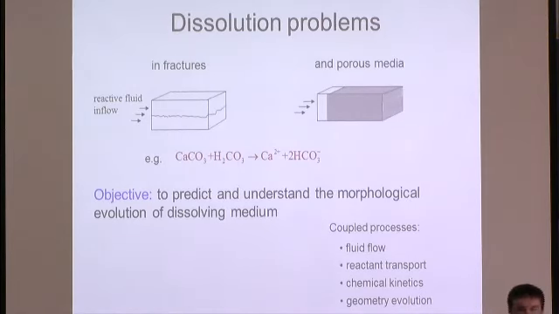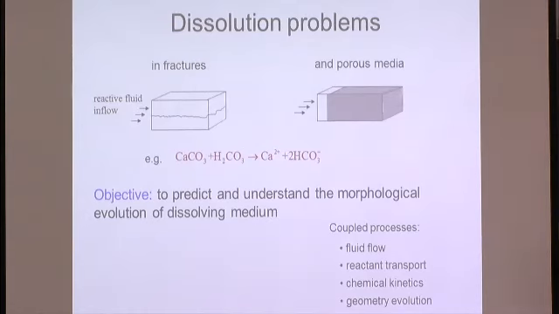Okay, so the sort of systems that we would like to consider here are either fractures or porous media which dissolve as a result of the reactive fluid being flushed through the system, right? So here is a rock fracture in a big piece of rock, and the fluid is seeping through.